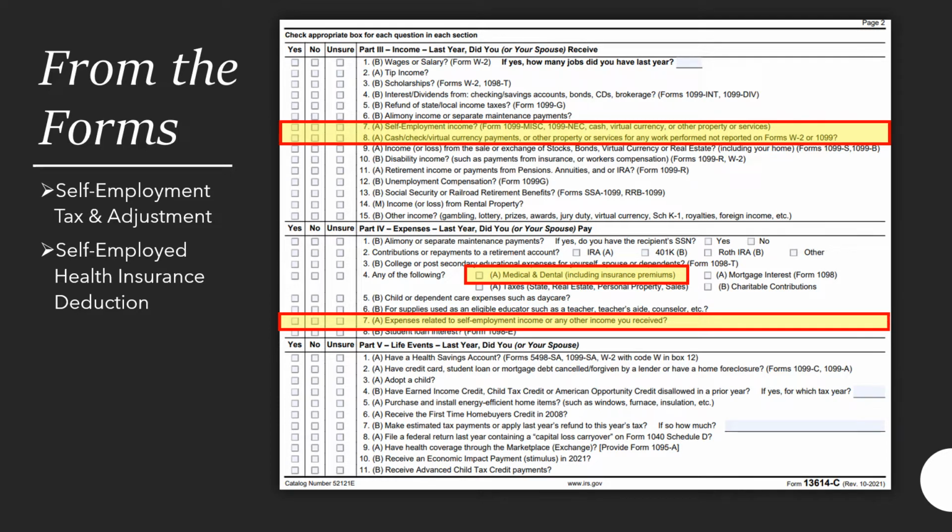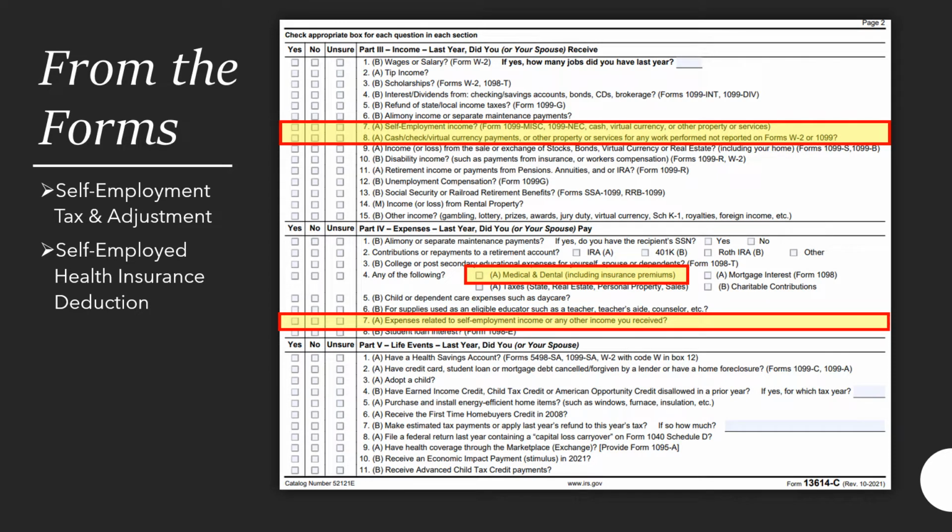And when somebody comes in with this type of return, we'll notice on their intake form, Form 13614C, on page 2 in the income section, they'll be checking yes to having self-employment income or possibly some other income, cash or check or other property or services received for work that they performed that wasn't reported to them on either a W-2 or a 1099.